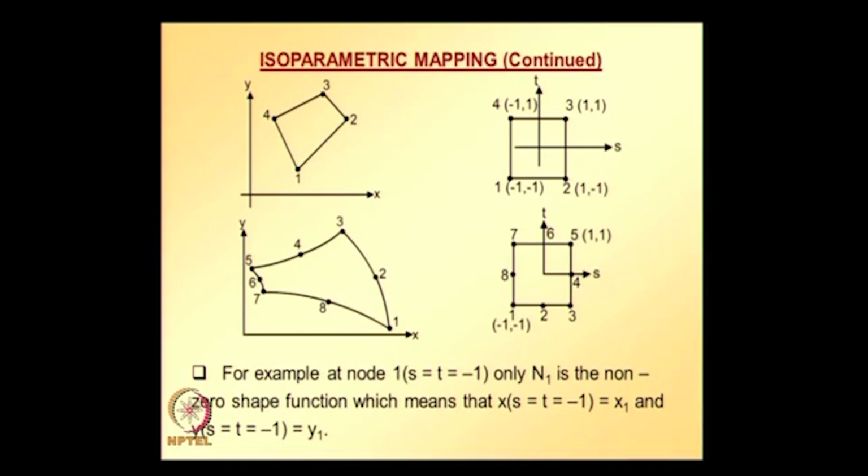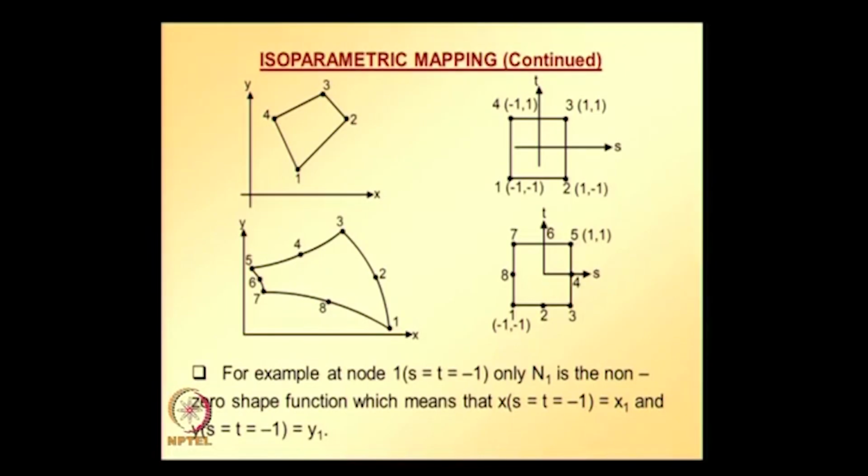which means that, recall how x is defined, x is sigma Ni xi. So, all other shape function values at node 1 are 0 except N1, which is equal to 1. So, x becomes same as x1 and y becomes same as y1. So, that is what that statement says.